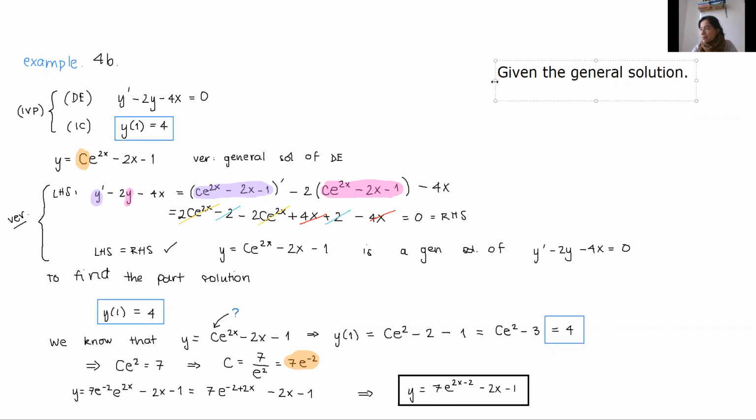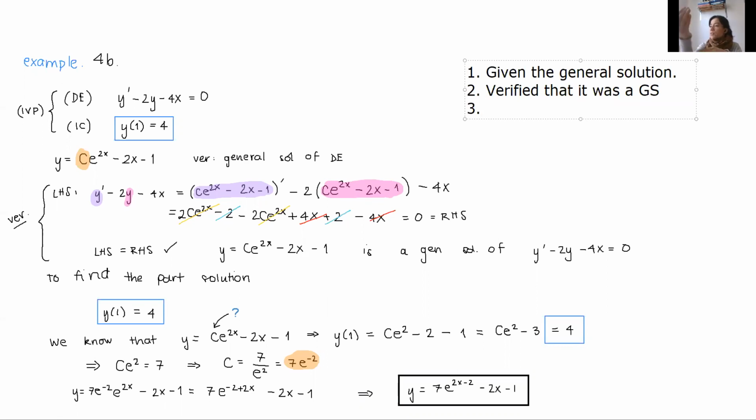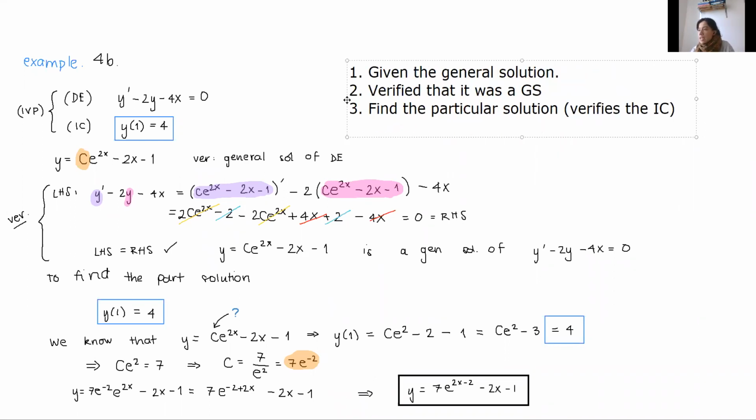Then I verified that it was a general solution by plugging it into the differential equation, and then I found the particular solution, the solution that verifies the initial condition. These are the steps we followed in this type of problem, but this all relies on the fact that we were given the general solution to begin with.